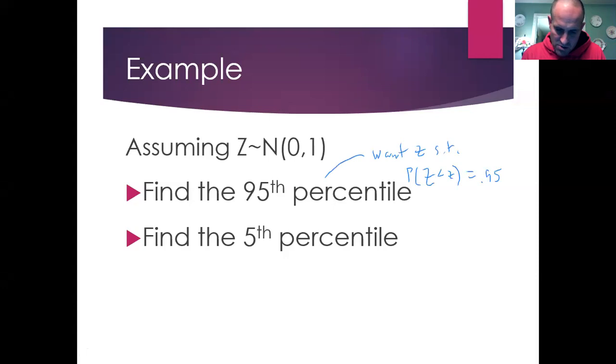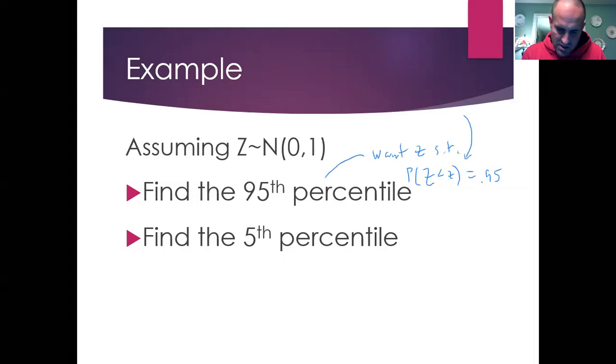So the picture looks like this. Here's 0 right in the middle, and I want to find this little z value such that that right there is 0.95.